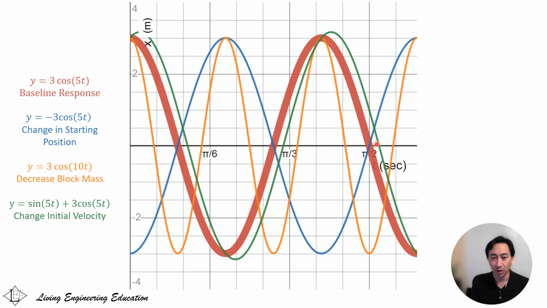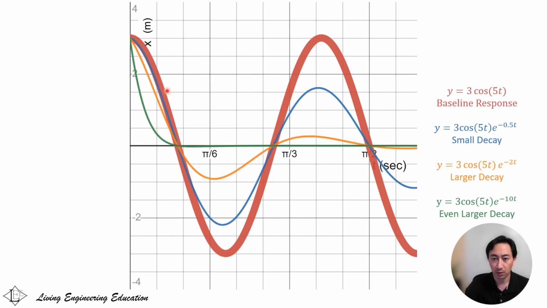I want to show you what that looks like in comparison to this baseline red graph. Again, here's the baseline red graph, 3 cosine 5t, and the additional 3 graphs, blue, orange, and green, are various decays. We take the baseline solution, 3 cosine 5t, and multiply it by different exponentials, e to the negative some coefficient times t.